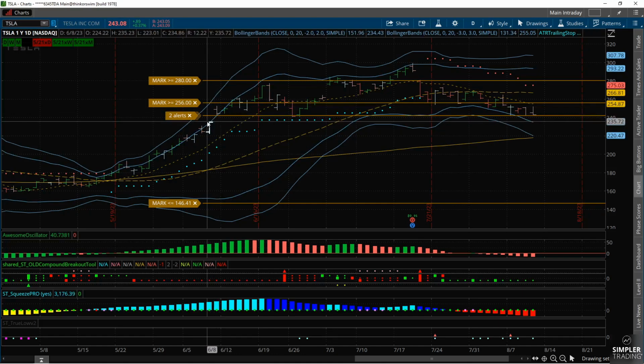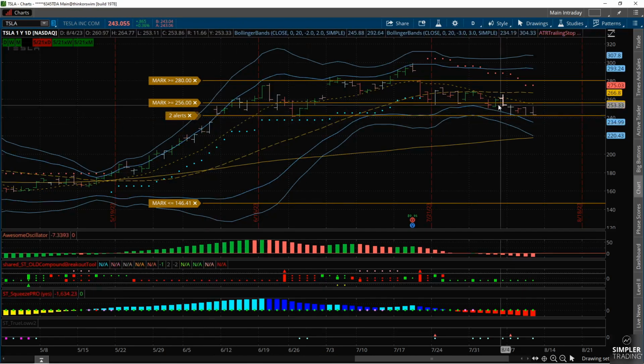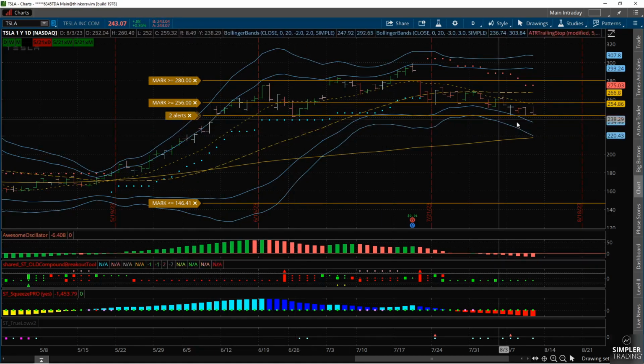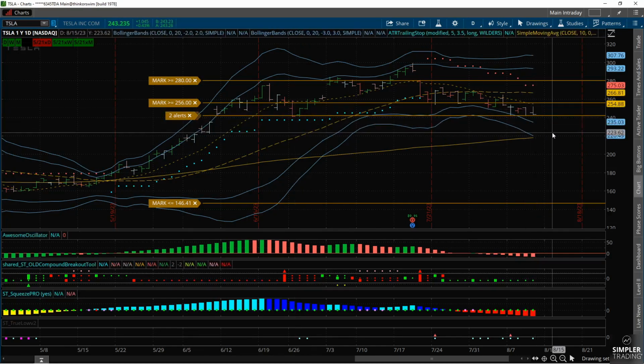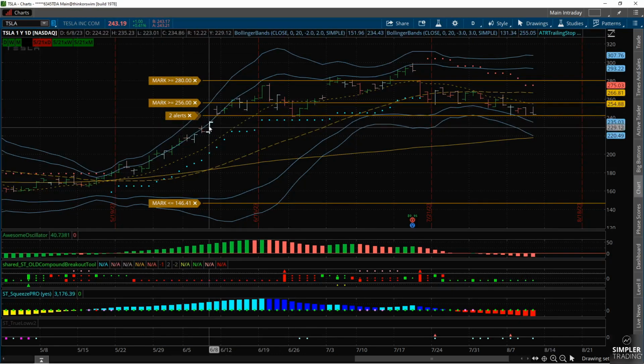Now, I personally don't trade solely off gaps, but I do use them as levels because there is a good amount of time that when you make a gap like this between one day into the next, it typically ends up getting some sort of pullback where it follows through and it fills. And so the idea is, if we get the follow through on the bearish divergent bars, if this does continue to trend lower, 235 isn't that far away and could make a good target to play to the downside.